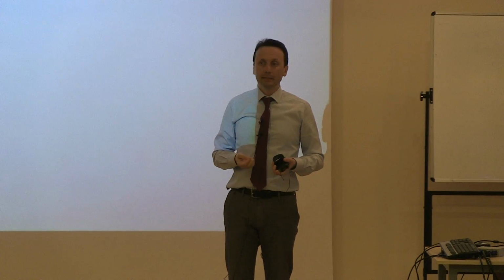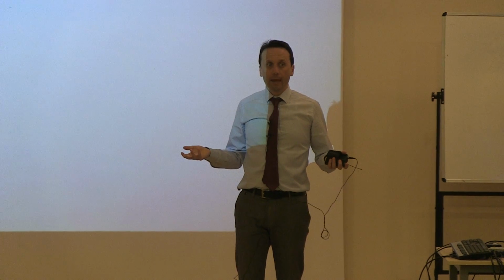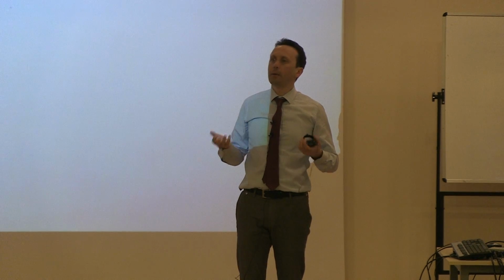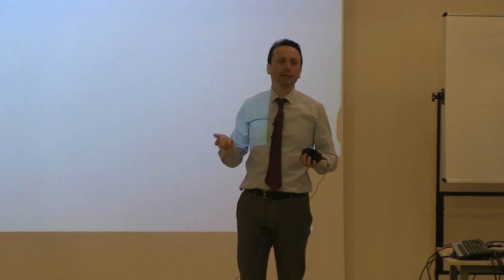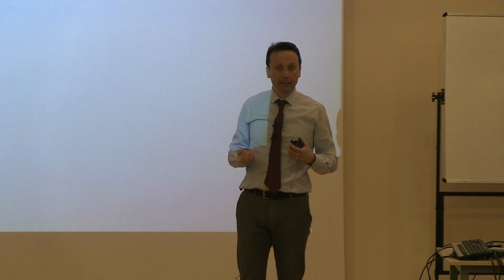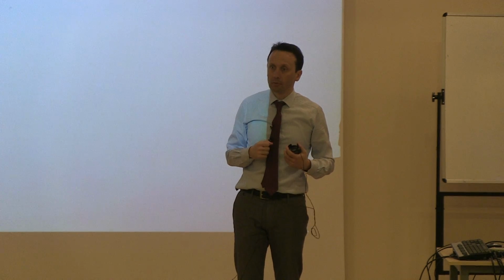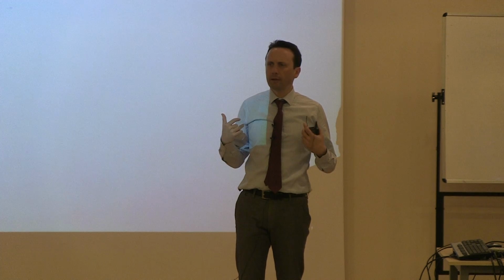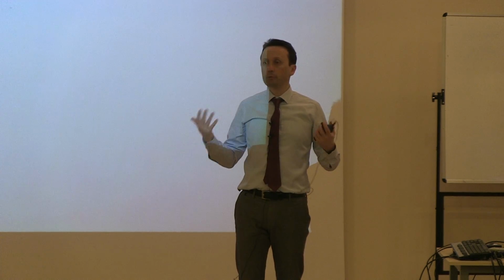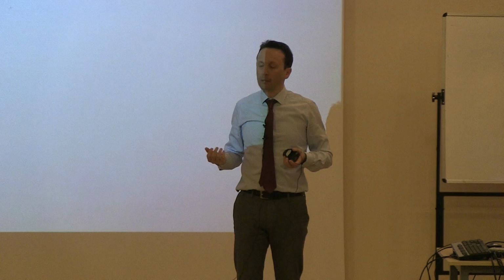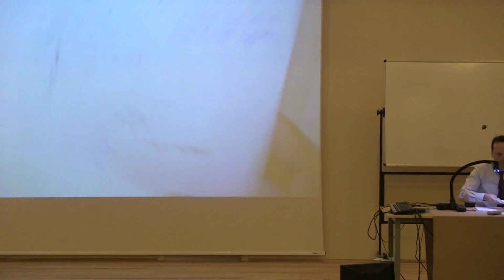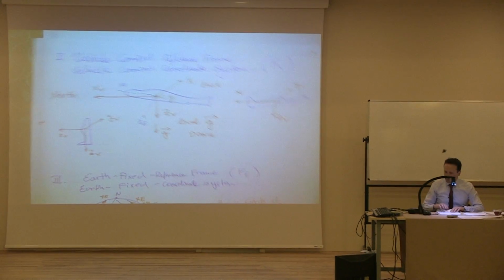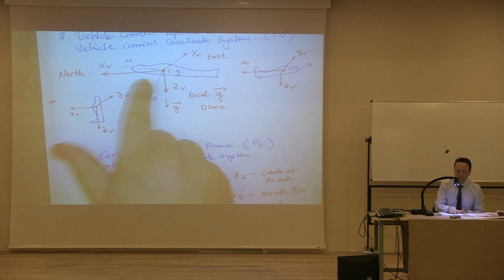And you understand that the direction of V infinity is everything that an aerodynamicist would need to calculate lift, drags, and moments and things like that, angle of attack, side slips, and all this. So therefore, this coordinate system is very, very important in terms of the aerodynamics. If you look at the vehicle carried coordinate system, it's not exactly true because this is pointing towards north.